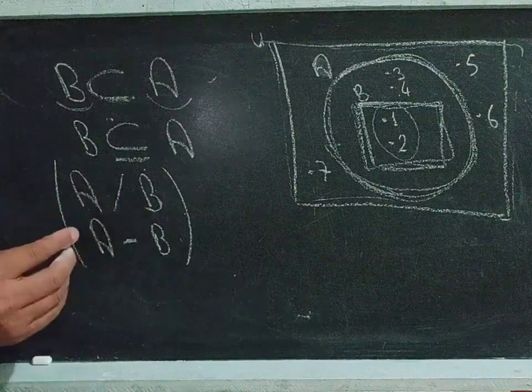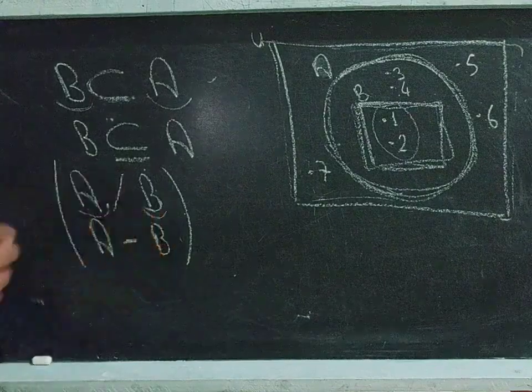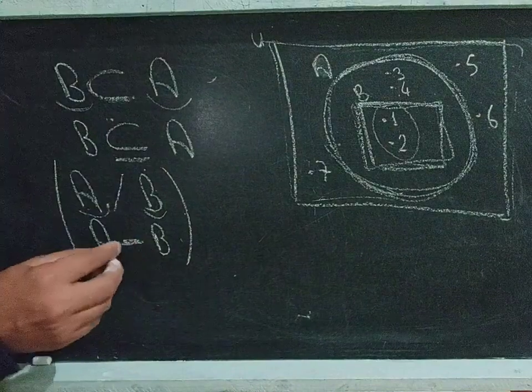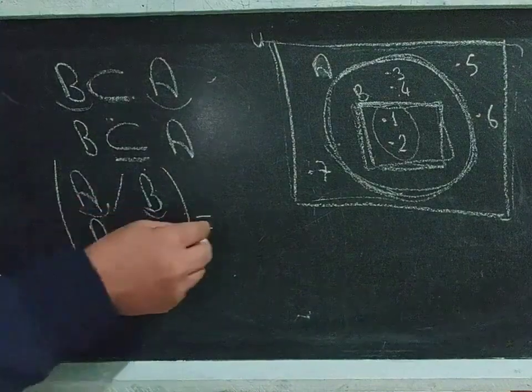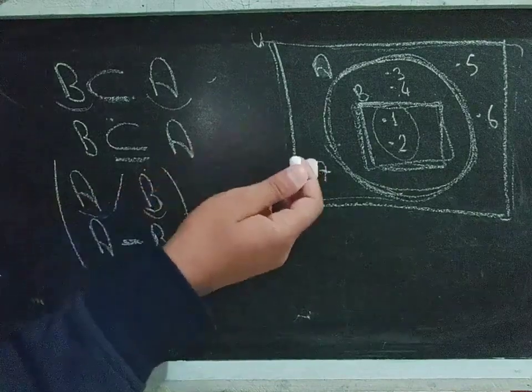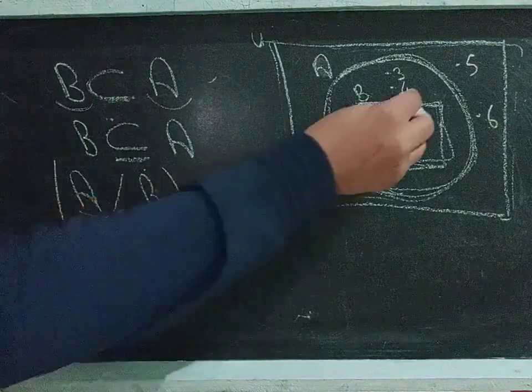That means elements which are under A, not B. And this symbol represents the same thing. So for example, to show that, you will check which elements are under A and not B. Look at this, 3 and 4.